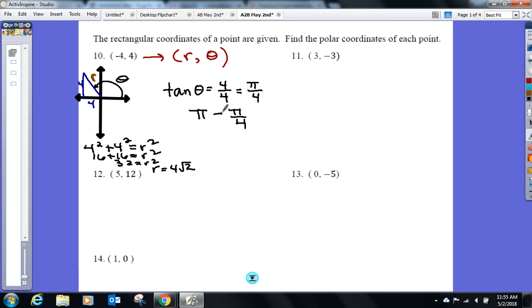Pi minus pi over 4. What's the pi turning into so I have like denominators? 4 pi over 4. So what is my new angle theta? 3 pi over 4. So the polar coordinate is 4 radical 2, comma 3 pi over 4.